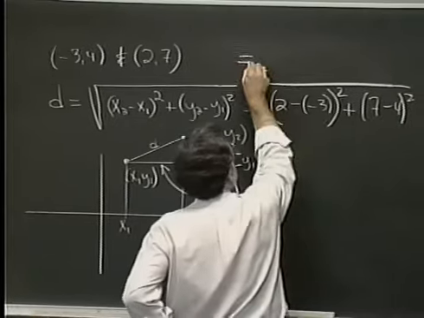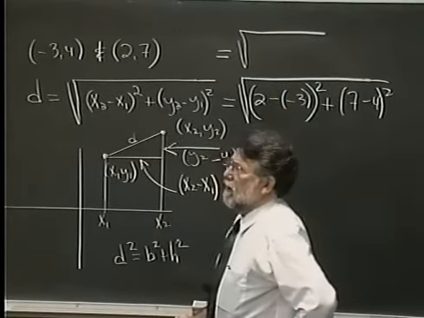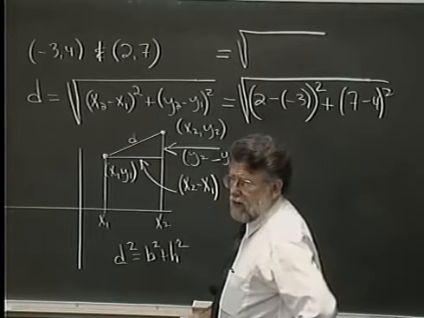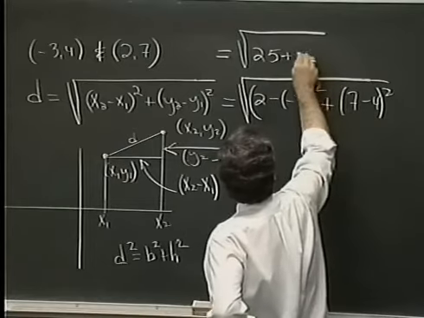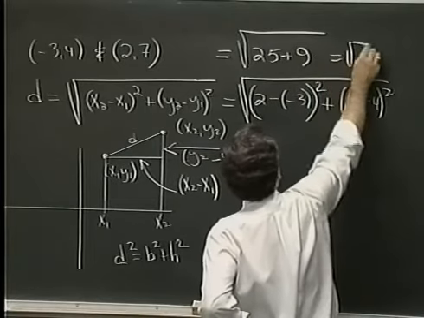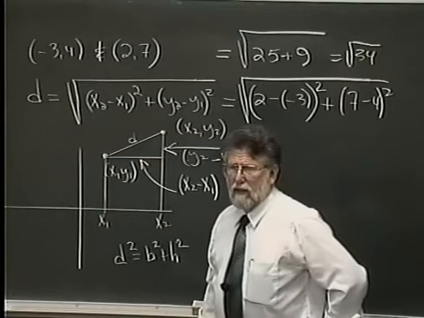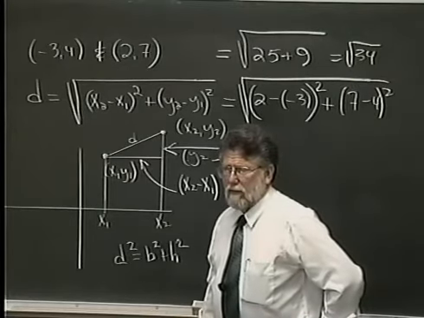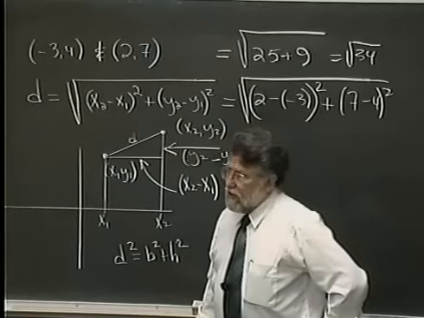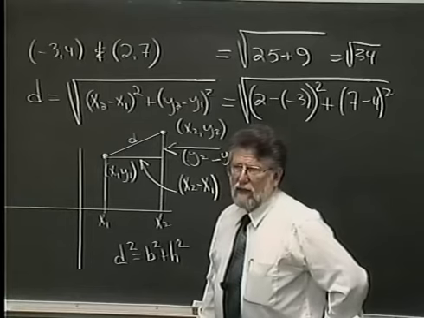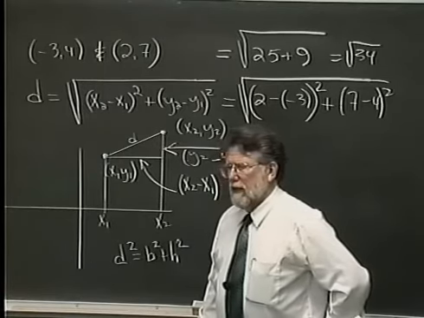So this is going to be the square root of what? 5 squared, which is 25, plus 3 squared, which is 9, which is the square root of 34. And that was your number. Just under 6. The square root of 36 is 6. So this is 34, so it's just going to be a little bit under 6.